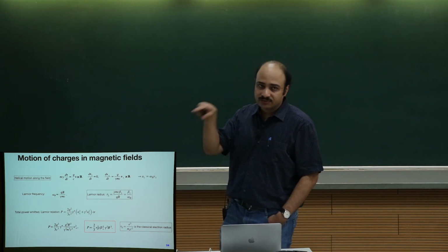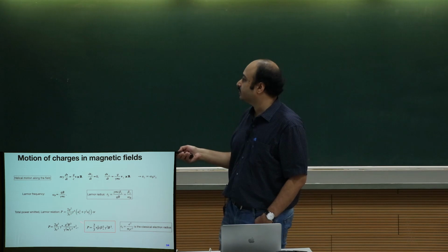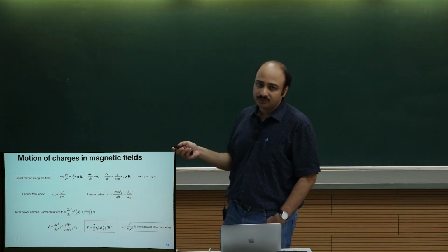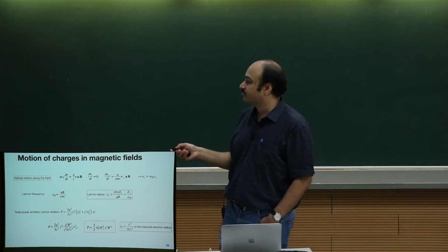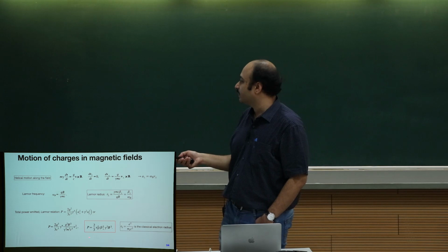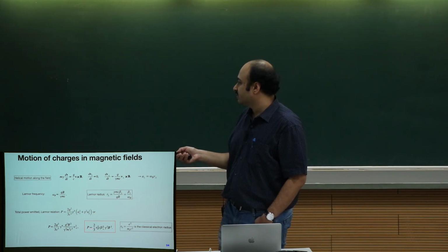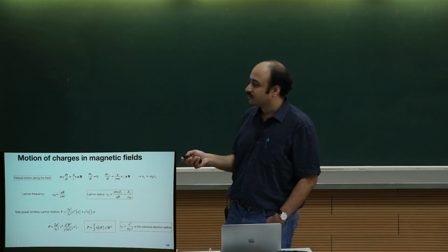What is the frequency of gyration in a non-relativistic regime? For the relativistic Larmor frequency, it is charge times magnetic field by γ times mass times c. Here m refers to the electron mass, m_e. There is also a neat way of writing this in terms of the classical electron radius, which is e²/(m_e c²).